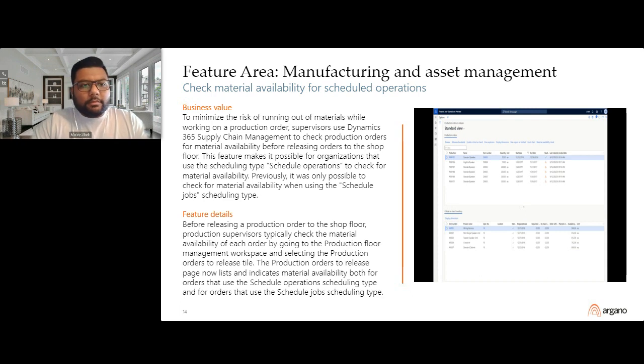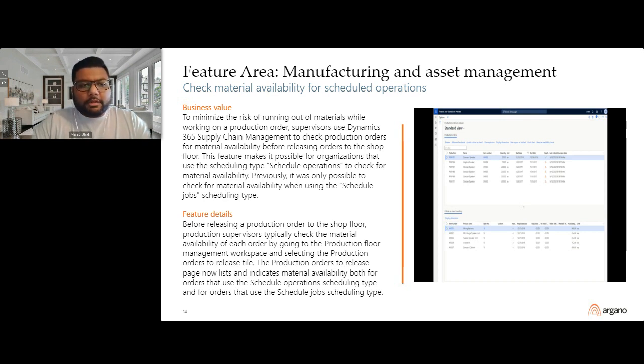So before releasing a production order to the shop floor, production supervisors typically check the material availability for each order by going into the production floor management workspace and selecting the production order to release tile.